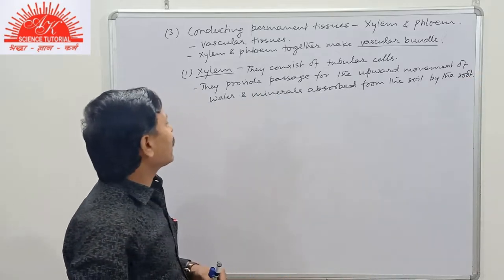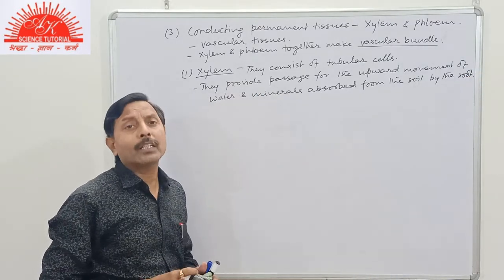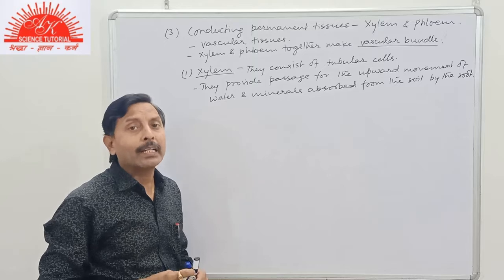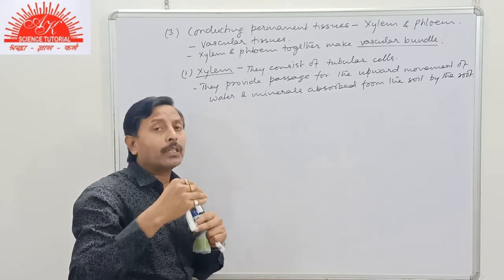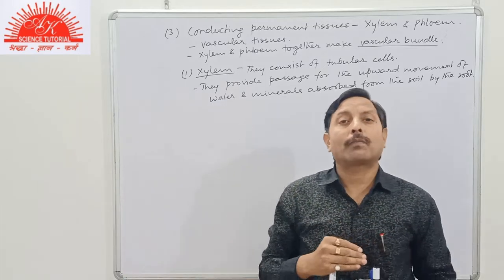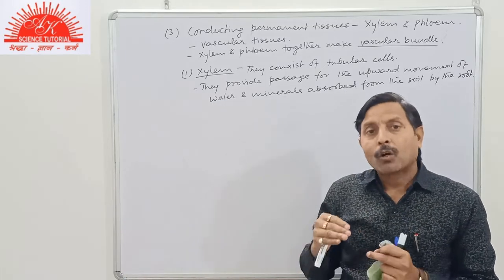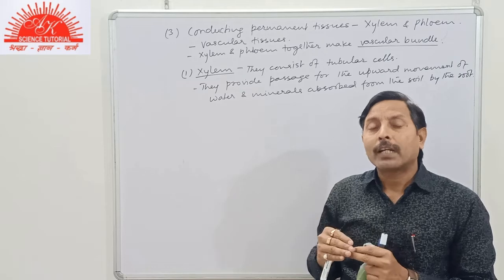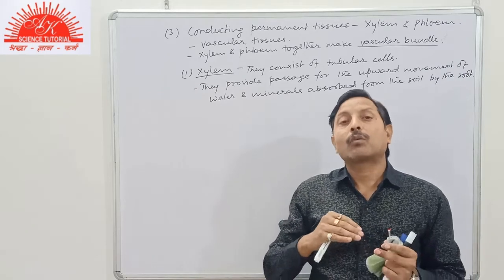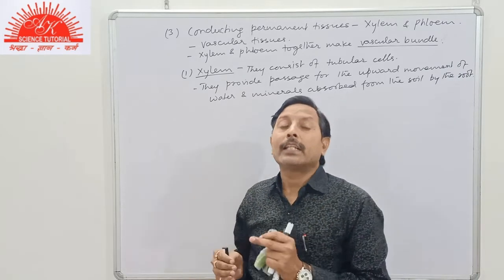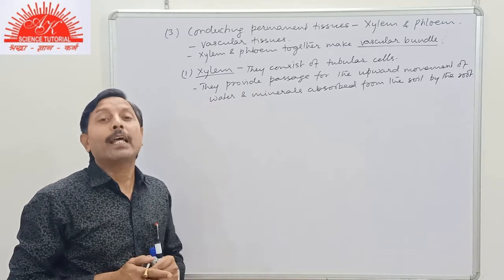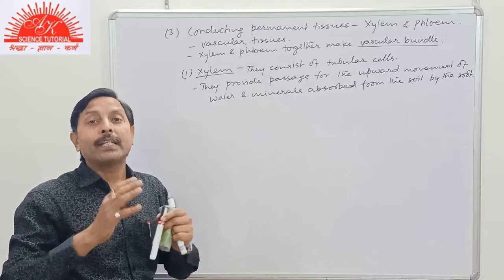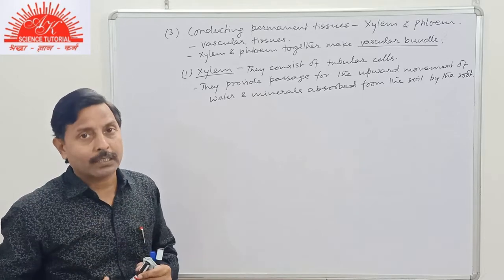So we see that the root absorbs water and minerals from the soil, and then through this tubular passage they are transported up to the upper part of the plant, like leaves, where they are used for different life processes. Water is used mainly in photosynthesis, and it also provides a medium of transport of materials.